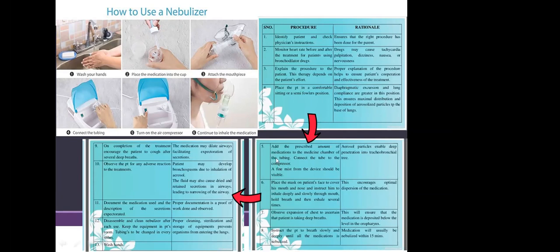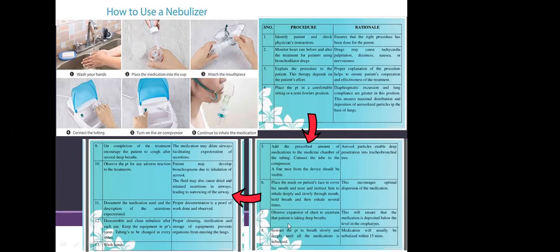And then add the prescribed amount of the medication and connect the tube to the compressor, and the funnels should be visible. And then place the mask on the patient's face to cover his mouth and nose, and instruct him to inhale deeply and slowly through the mouth. Hold the breath and then exhale several times.